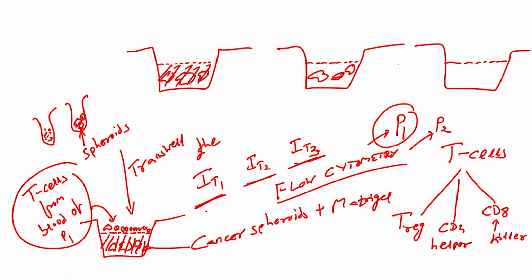If there are 3, we should keep it uniform, and then there are cells here which are your T cells. These T cells are treated with immunotherapy drug 1.